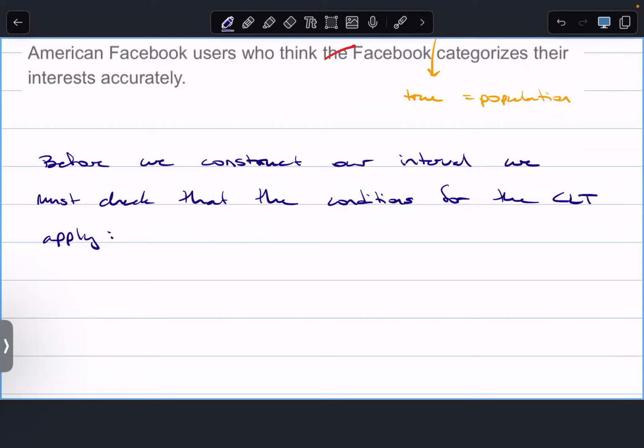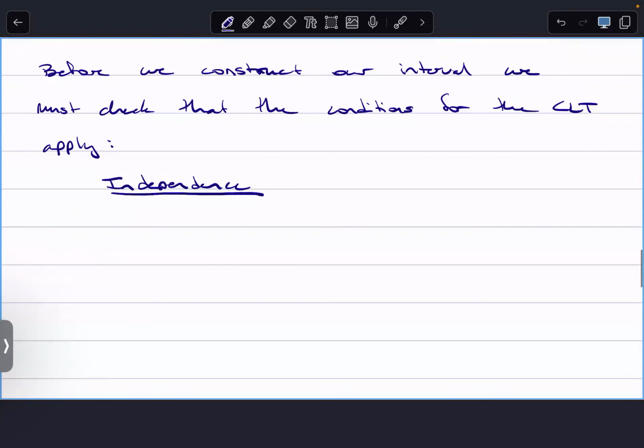The first part is independence. Independence is, are all my observations independent of each other in my sample?